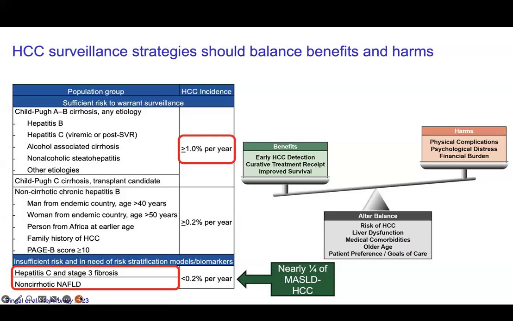If you're cirrhotic, you need liver cancer screening. If you are Child's C, so that's a decompensated cirrhotic, a person with cirrhosis and lots of symptoms, and you are a transplant candidate, you need to be screened. I'm going to get into the controversy in this, but our guidelines would say that if you are not a transplant candidate and you have advanced disease, you really don't need surveillance because you are more likely to die of your underlying liver disease than of an early cancer.